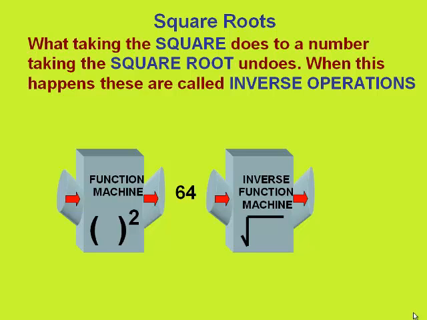Next, we'll put it into our inverse function machine and take the square root of 64 to come up with our original answer of 8. So remember, squaring and taking the square root are opposite mathematical operations.